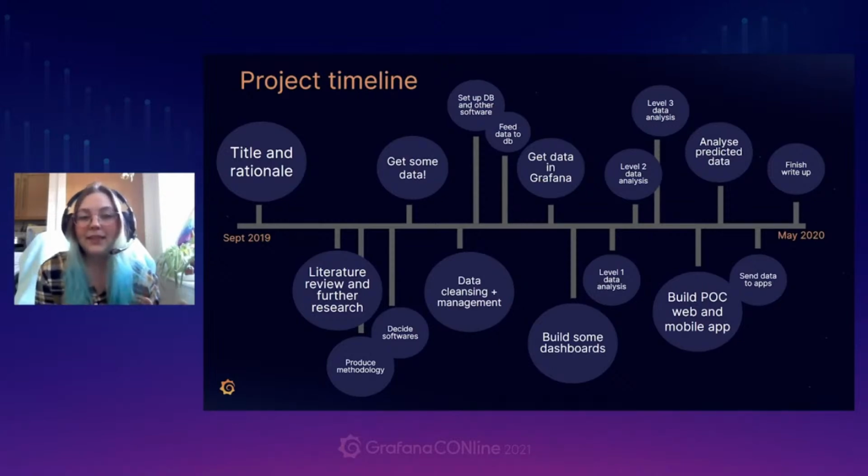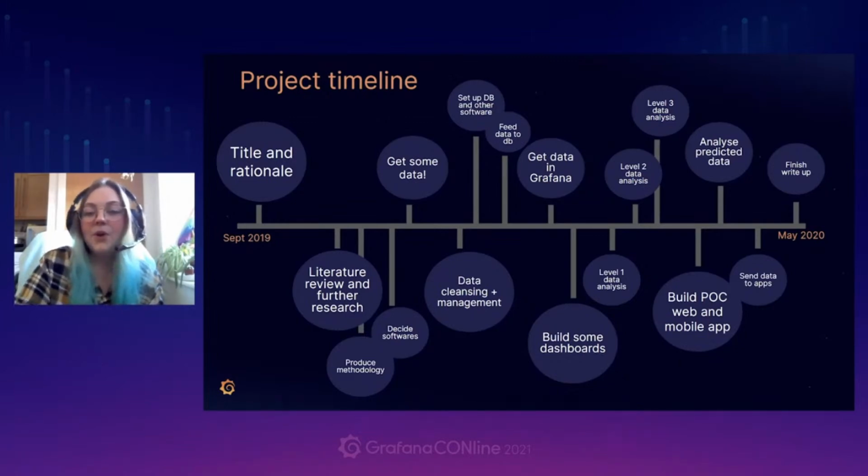And once all that research and planning section was done, we got to get some data. We got to write some Python scripts to cleanse the data, manage it. We set up the database, fed the data into it, fed the data then into Grafana, built the dashboards, and moved on to our analysis.